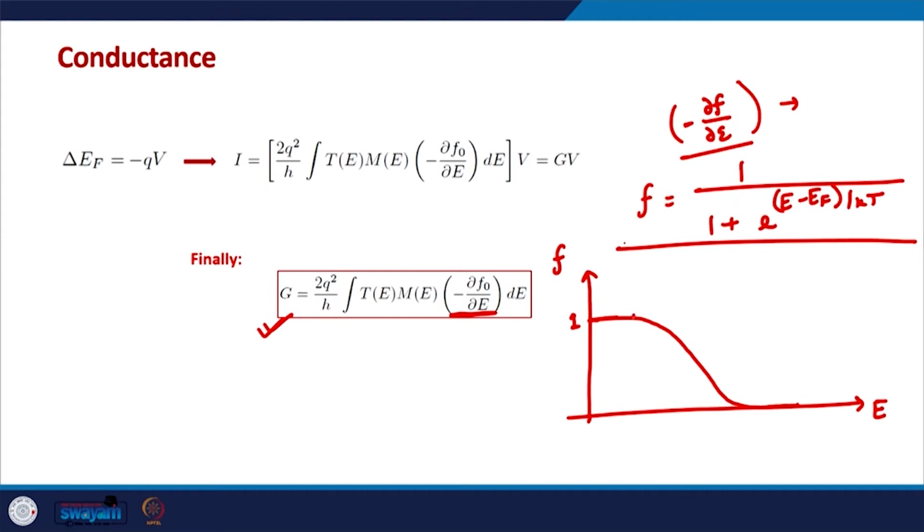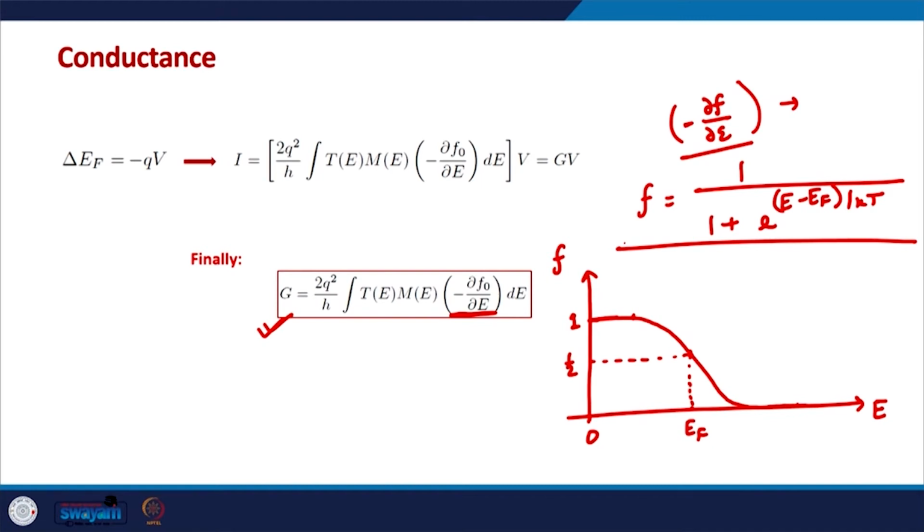Up to a certain energy it is 1, and the energy where it is half, that energy is known as the Fermi level. At low energies it is 1, at high energies the Fermi function is 0.